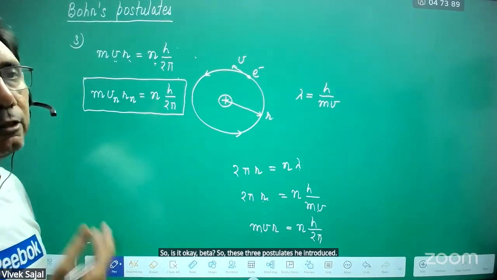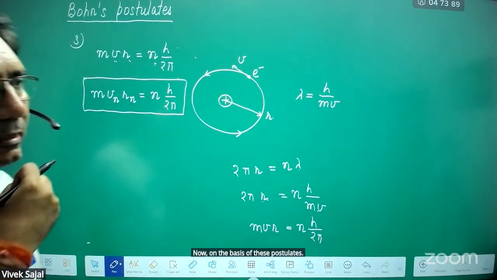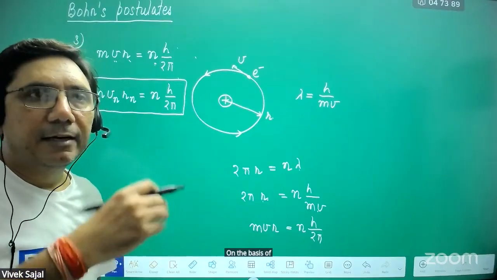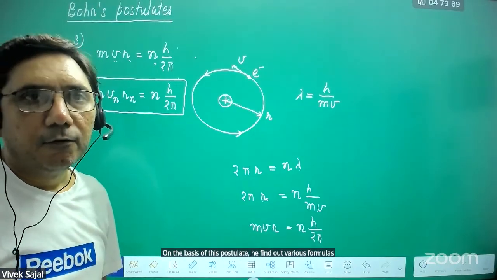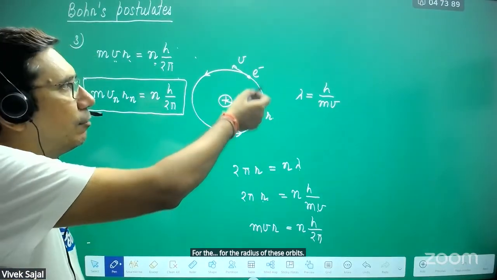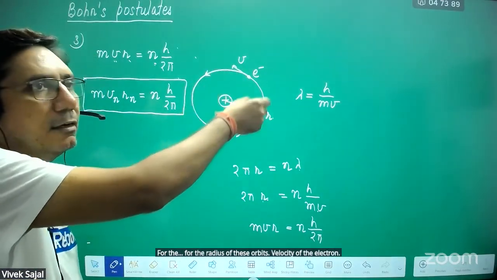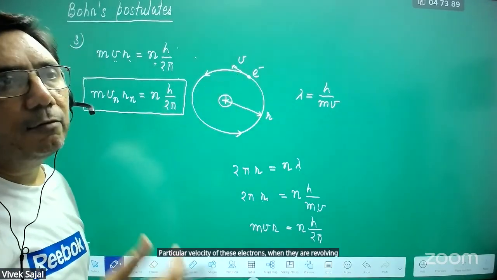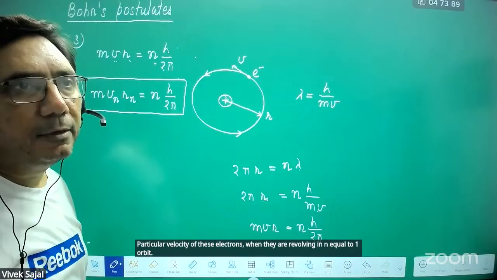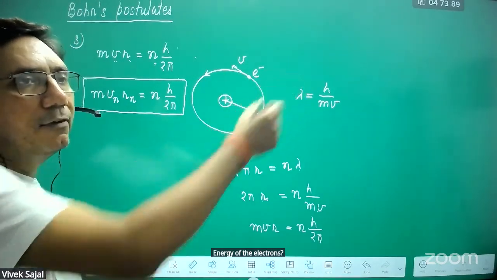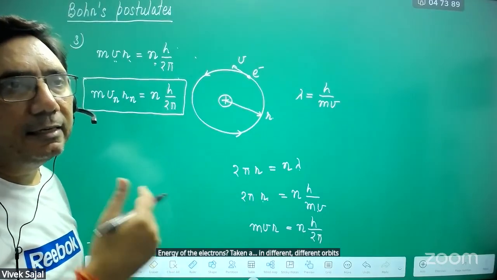Now, on the basis of these postulates, he found various formulas for the radius of these orbits, the velocity of the electron when it is revolving in the n equal to 1 orbit, n equal to 2 orbit, the energy of the electrons in different orbits, potential energy, kinetic energy.